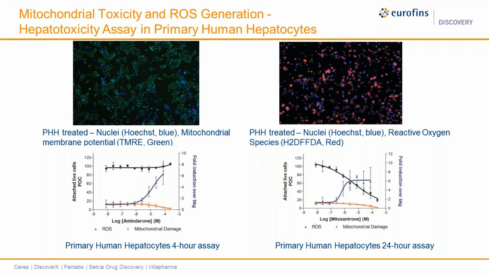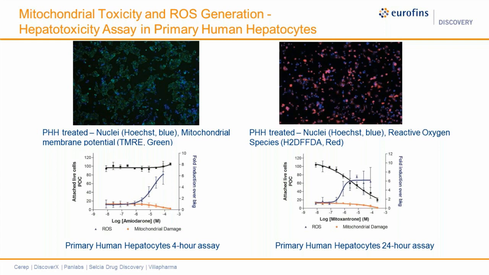We observed a significant and dose-dependent increase in ROS induction by amiodarone. The red trace here is from mitochondrial function, which is significantly decreased. This experiment demonstrated that the ROS and the mitochondrial function measurements are more sensitive than cell death, and they happen earlier than cell death.